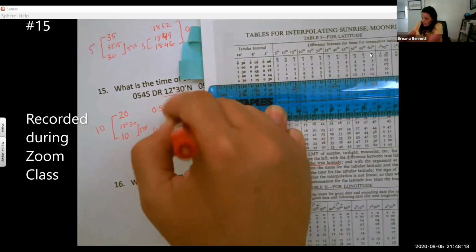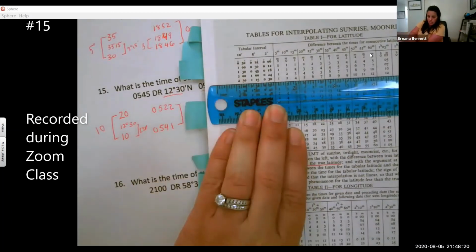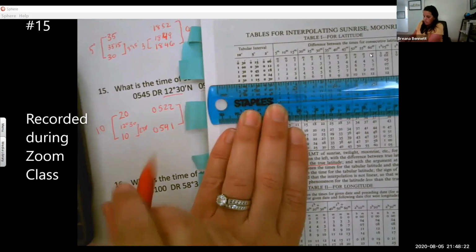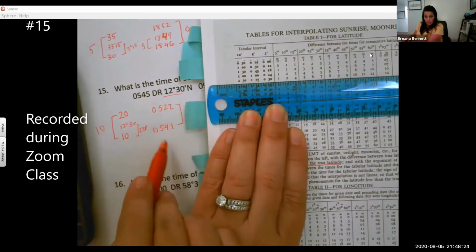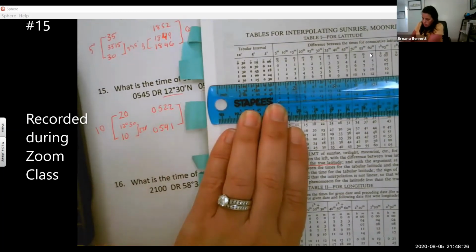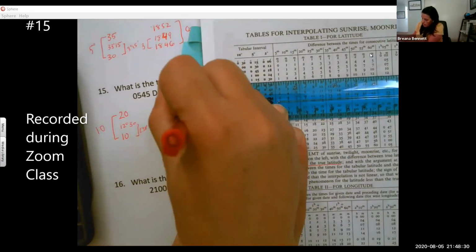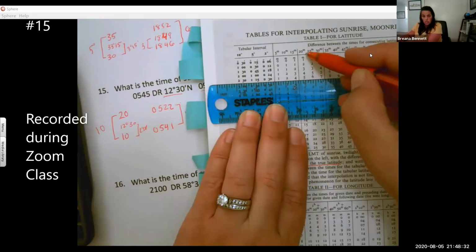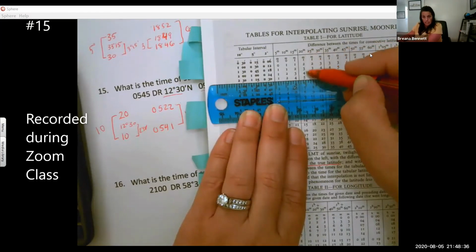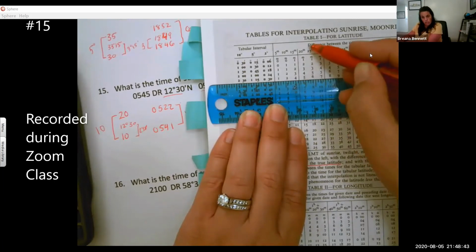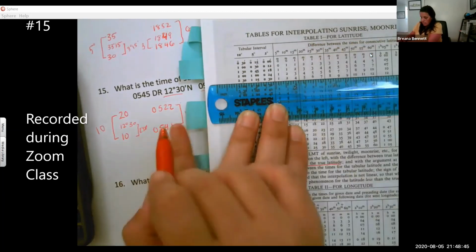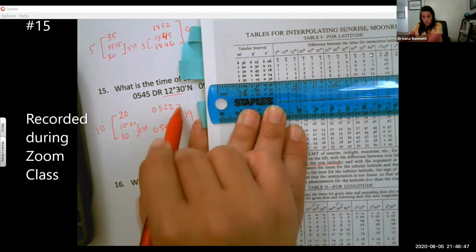And then my time difference, I have 5:22 and 5:41. So 41 minus 22 is 19. So that gives me pretty close to the 20 minutes. So I use the 20 minute because I have 19 minutes between my two times.